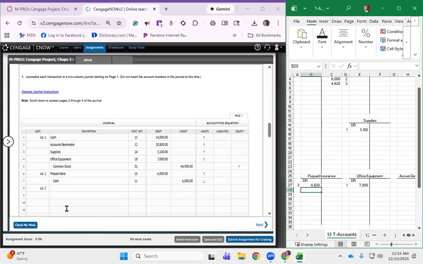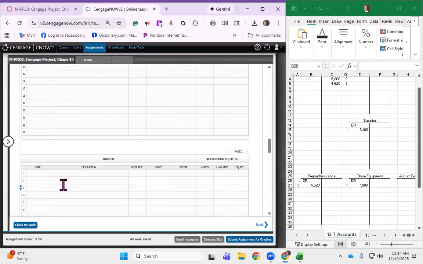So now we have a debit to prepaid insurance. Okay, and I think that's 16. Oop, I don't want to put that reference there, not yet. I'm messing up the steps, and then cash is going to go down by 4620.